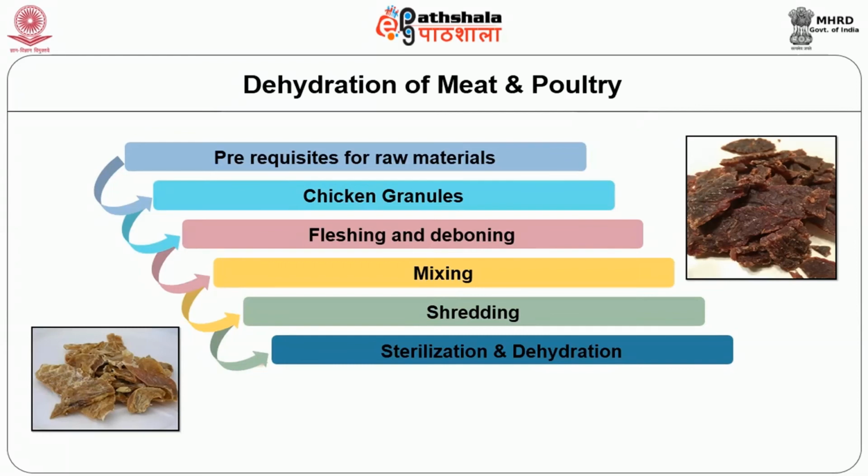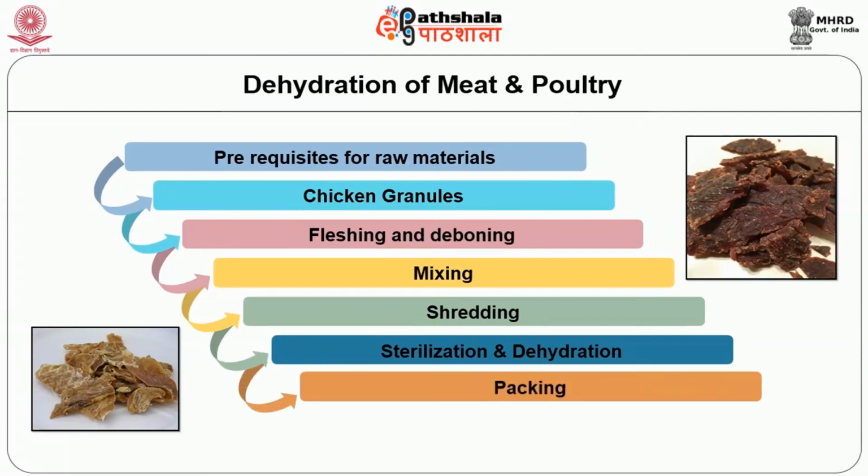A hot air convection dryer is used for drying at 65 degrees Celsius till a final moisture content of 5% is reached. The final packing of the chicken is done in nitrogen flushed aseptic packing.